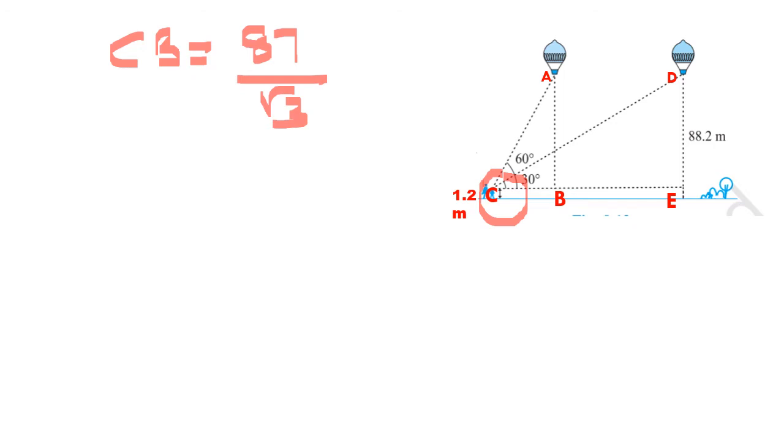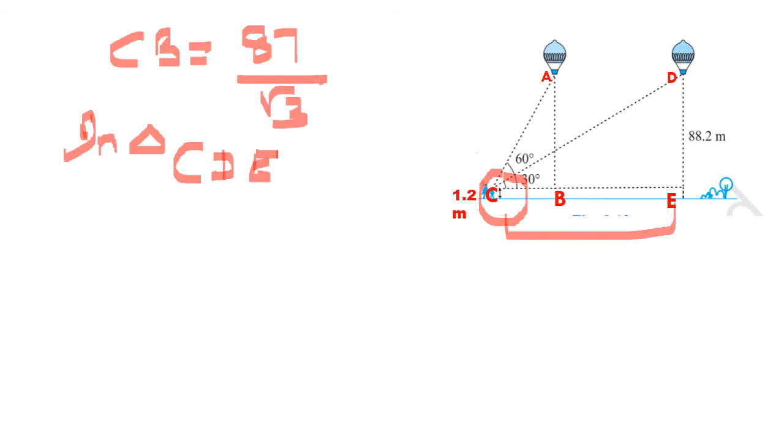So let us take right triangle CDE. In right triangle CDE, again we need to find CE. In order to find CE, we already have the height DE, which is 87 meters, and we need to find the distance.